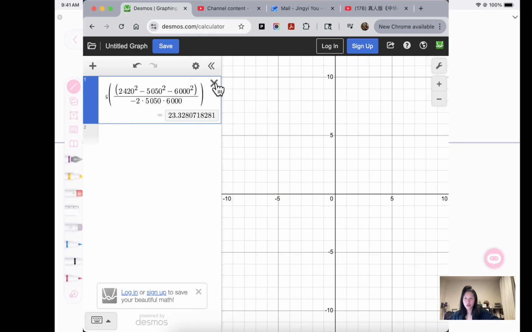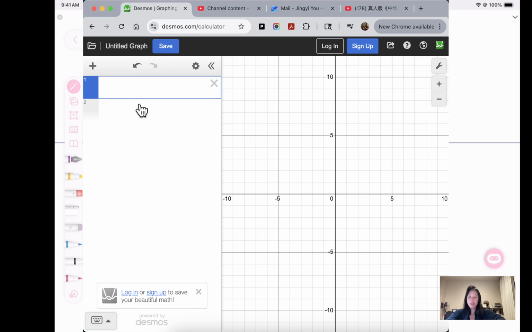Let's type this into GeoGebra and find out what b is. So we have the square root of 10 squared plus 12 squared minus 2 times 10 times 12 times cosine 13.5 degrees.